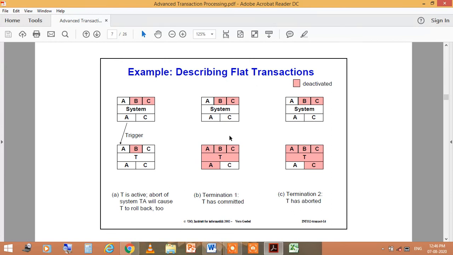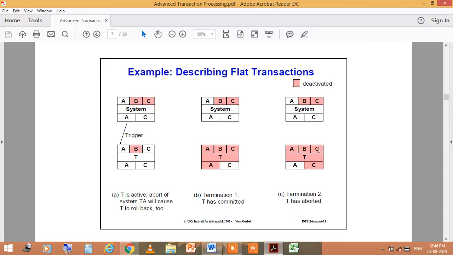Termination 1 means you see here T has committed. Since only C is showing the enabled state, your condition is committed and it will be the final output, you can say. And you see here this pink is the deactivated.